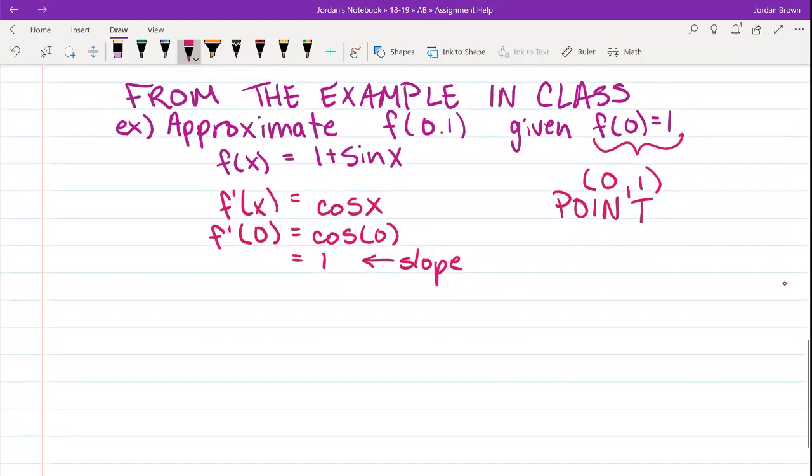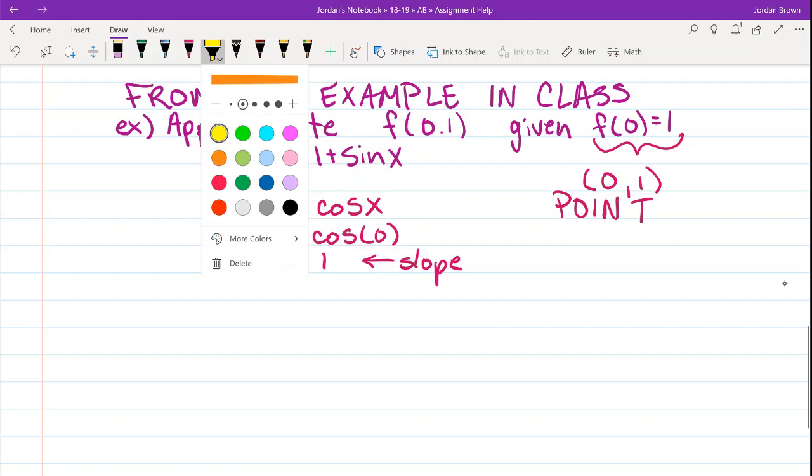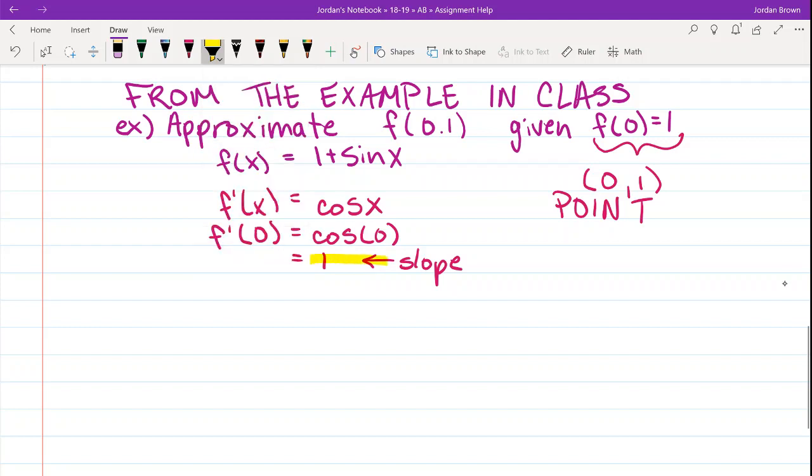And we used this information to create a tangent line.